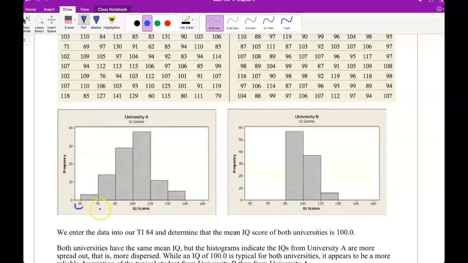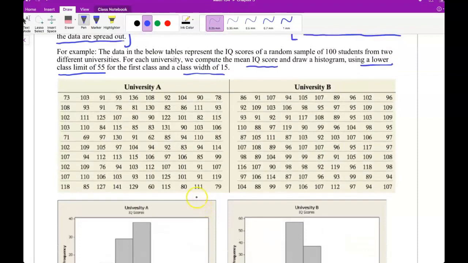So 55 plus 15 is 70, 70 plus 15 is 85, 85 plus 15 is 100. It's like that. So we have all these classes and the maximum number.